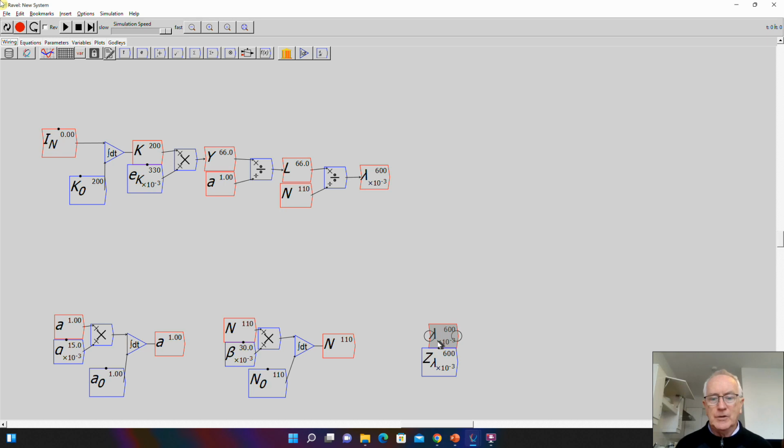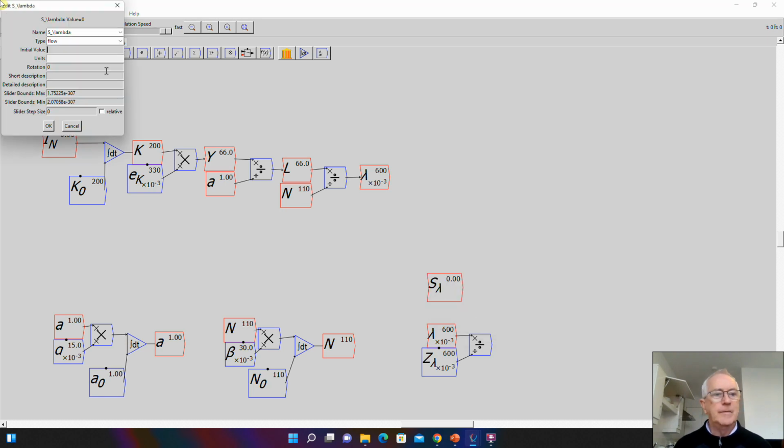So subtract z lambda from lambda, you work out whether the employment rate's above or below the level where wages are affected. Then multiply it by a slope. I'm going to have S underscore lambda. Give that a value of 10.